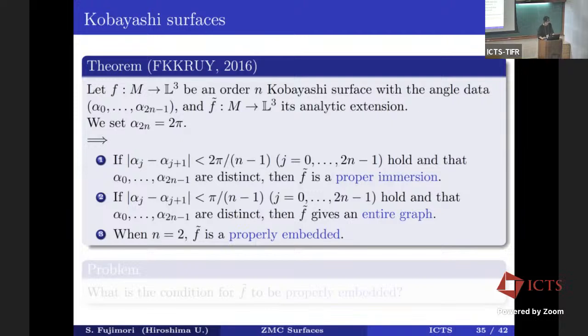And we set alpha 2n equal to 2 pi. And we can show that if the angle data satisfies these values, and all of them are distinct, then F tilde is a proper immersion, so a properly immersed surface.